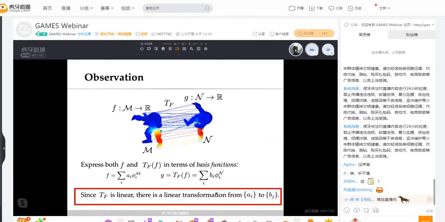Now, remember our observation was that T_f was linear, so we have a linear transformation between the coefficients of different functions. This linear transformation is exactly what we'll call a functional map.